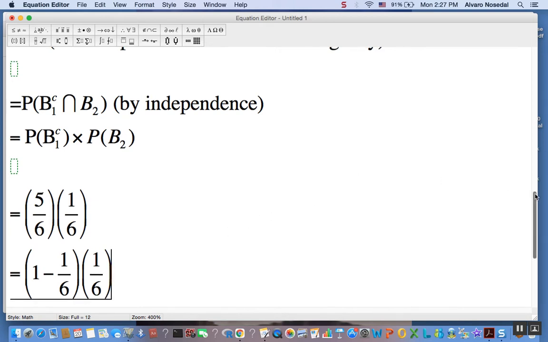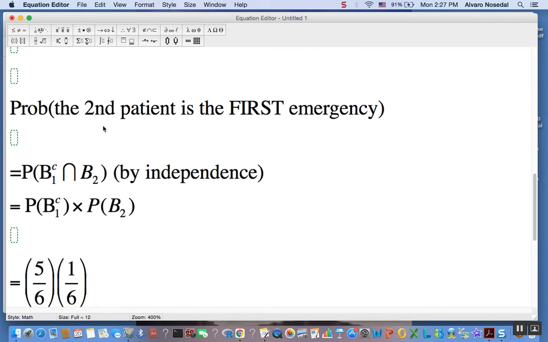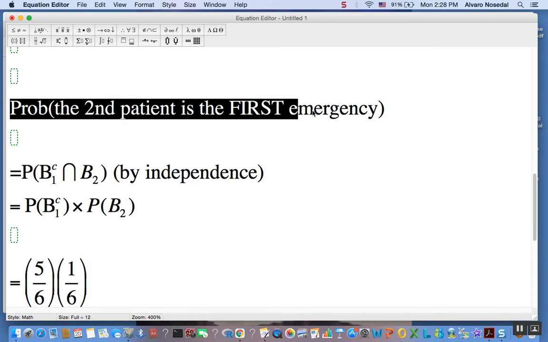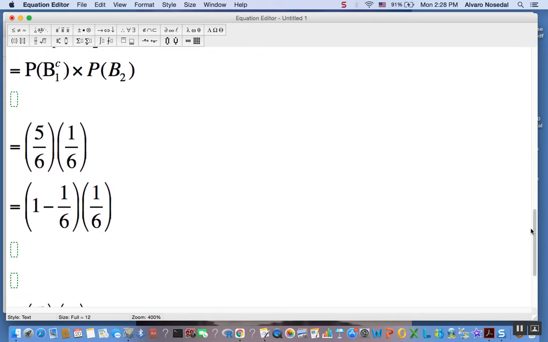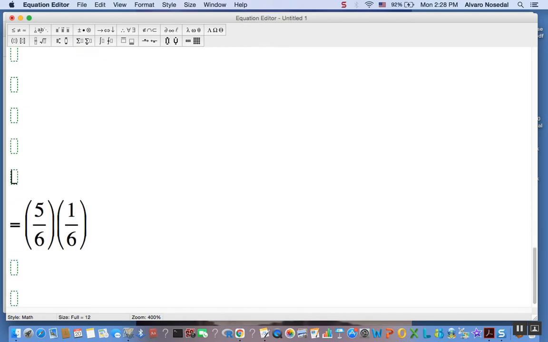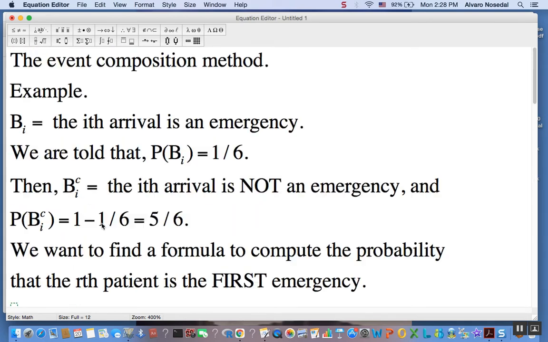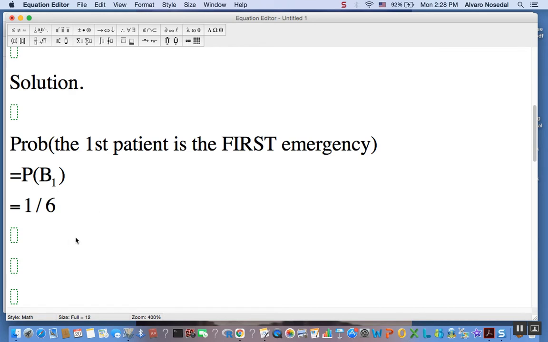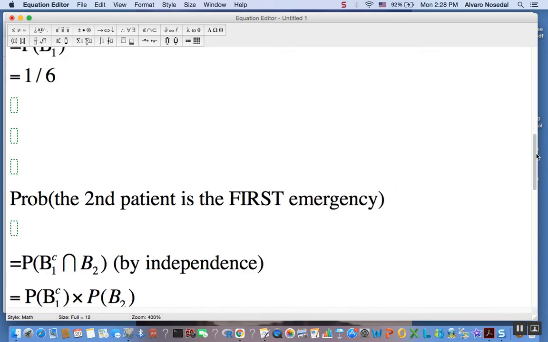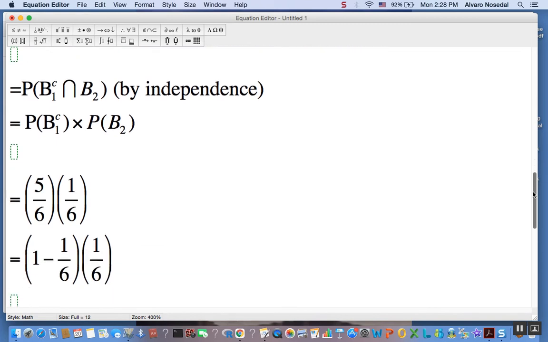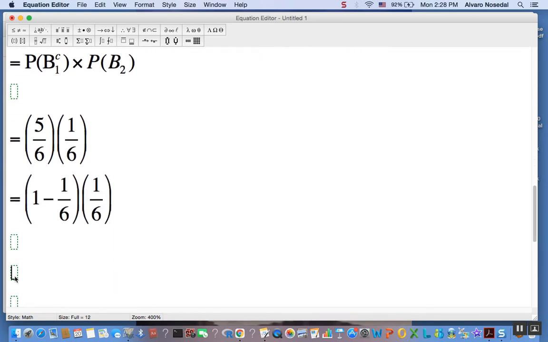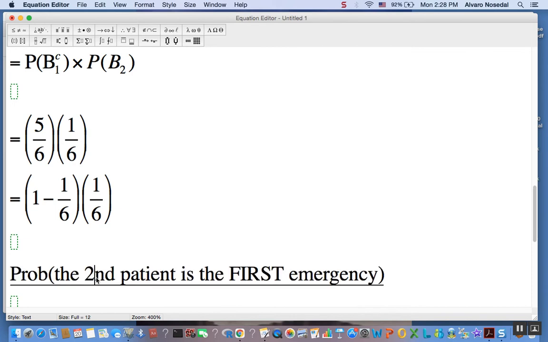Now let's try and do this not for the second patient, but for the third. So what's the probability that the third patient is our first emergency?